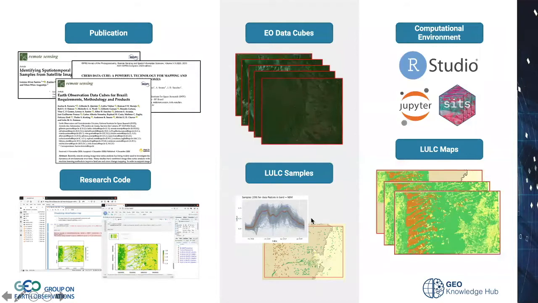In the case of our application, it has a knowledge base centered on some recent papers published by the team. And in this slide, we highlight the components of the application which were documented and structured in the GeoKnowledge Hub as a knowledge package.